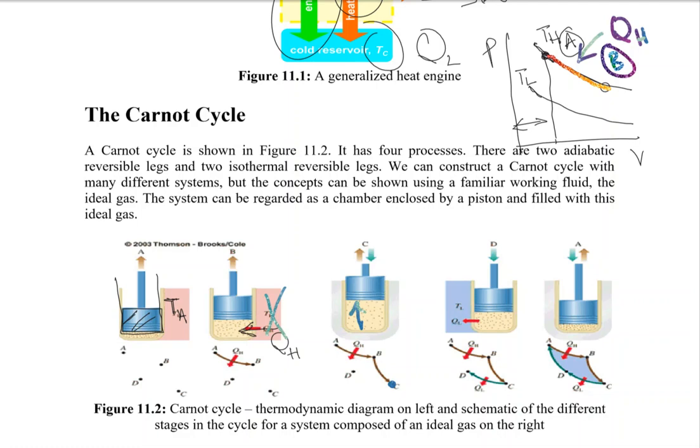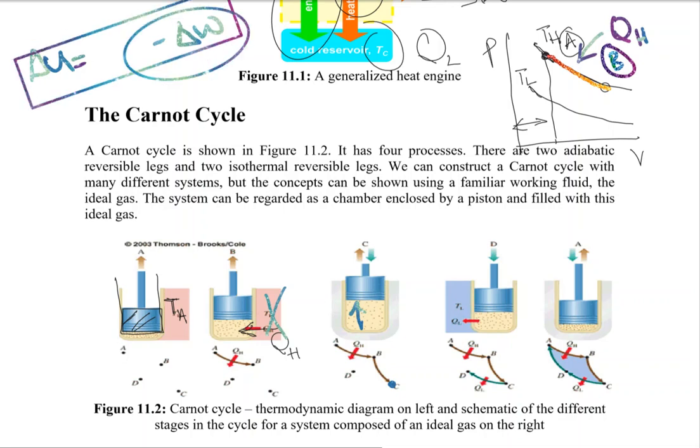For the first law of thermodynamics, the change in internal energy is equal to the heat supplied minus work done. That was our first law of thermodynamics. In that case, there is no heat supplied, and we are just saying there would be work done, there would be expansion, but that expansion would be at the expense of the change in internal energy.